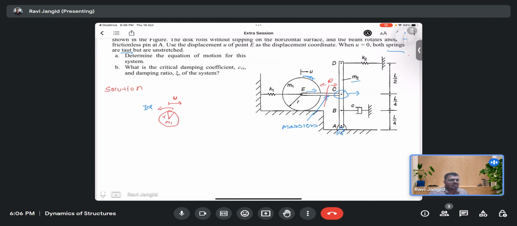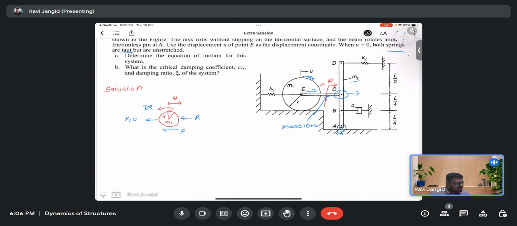Okay, and the disk will rotate only if a friction force is applied in that direction. At that time it will rotate. There is a stiffness force attached at point E. That force would be in the opposite direction, and that force is k1 times u. And we have cut a section at the rod EC, so a force R is applied at that point.